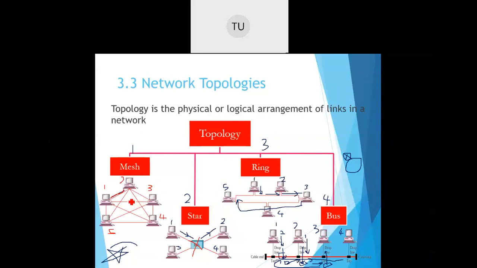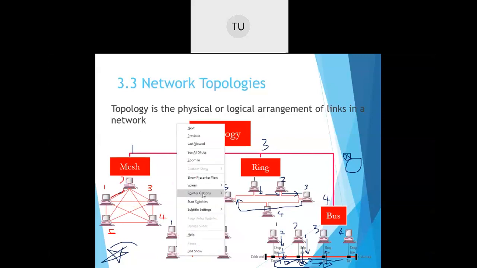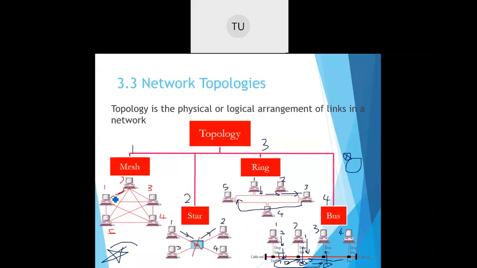Why? Because let's say the middle interconnection device is faulty, or any of the cables is faulty, they still can send the data to other nodes. Why? Because they have so many wires. Let's say PC1 wants to connect to PC3, and this wire is faulty.